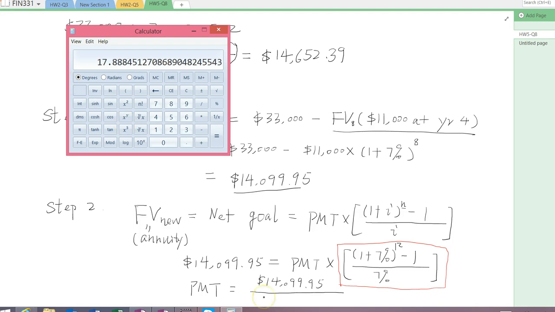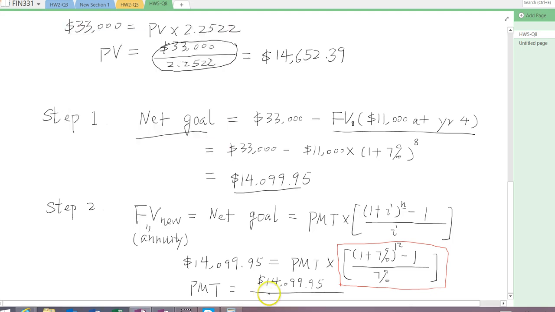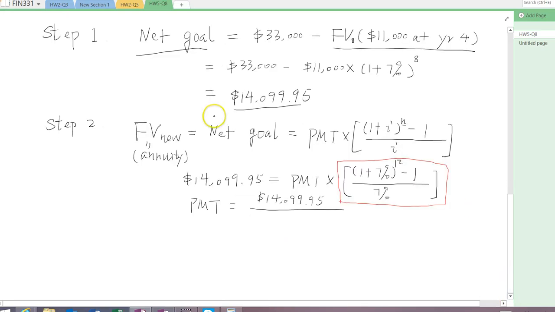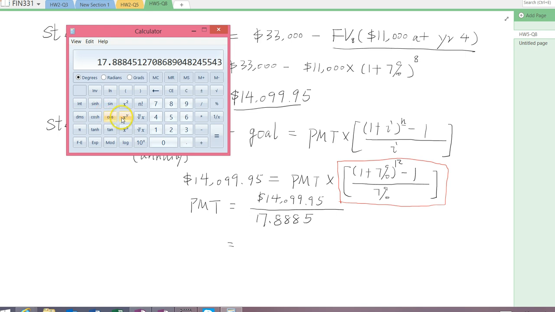If you still recall, the number we got is 17.8885. It's just for the purpose of writing down this number, but when I actually do my calculation, I use all these decimal places rather than just keeping 4 decimal places.